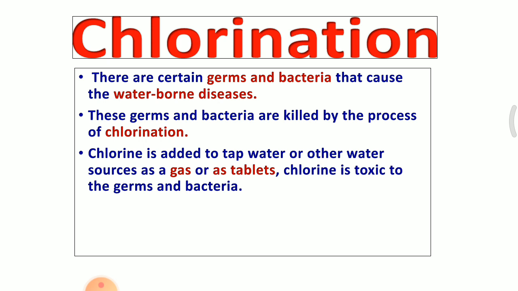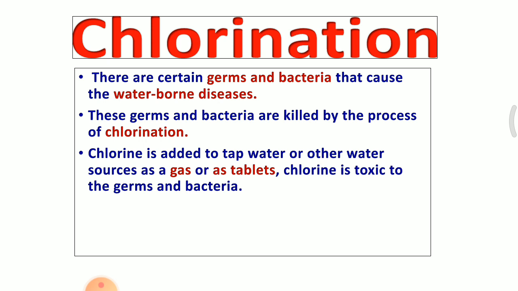In the chlorination process, we can add chlorine tablet or chlorine gas into tap water or tank water. This chlorine tablet and gas are toxic for bacteria and germs, but non-toxic for human beings. It does not affect human beings.